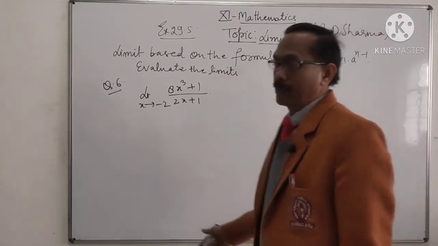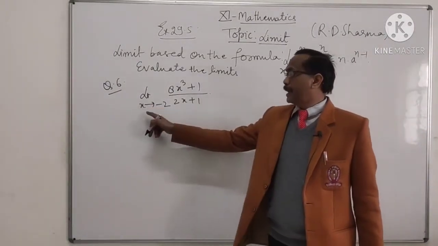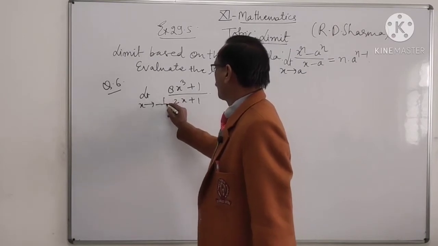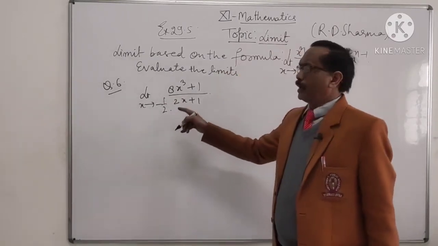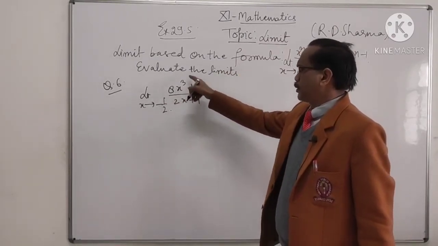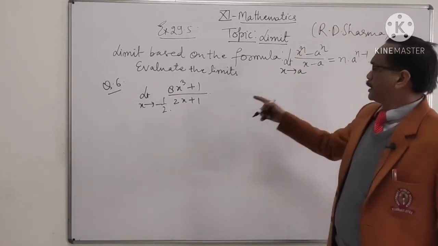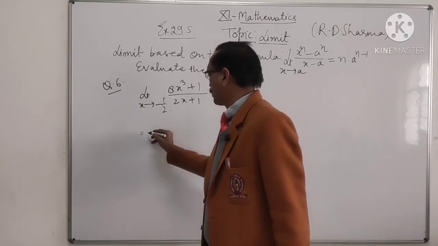Now, the next question is limit x tends to minus 1 by 2, 8x cube plus 1 upon 2x plus 1. So just convert this according to the formula.